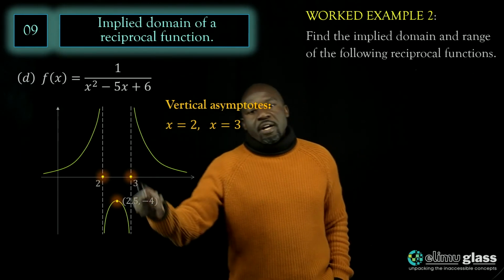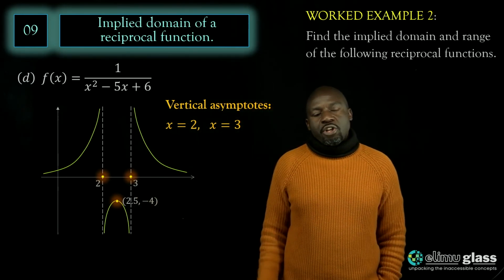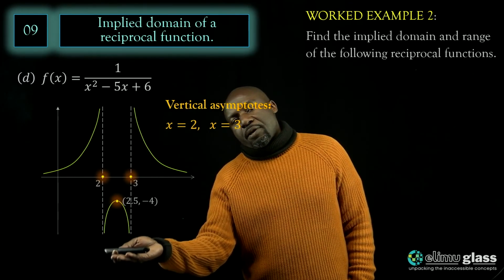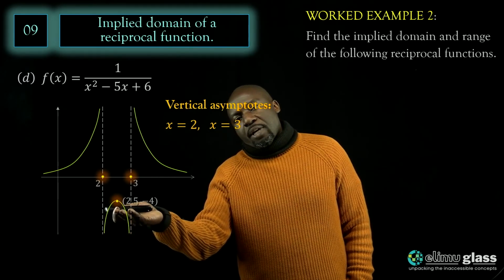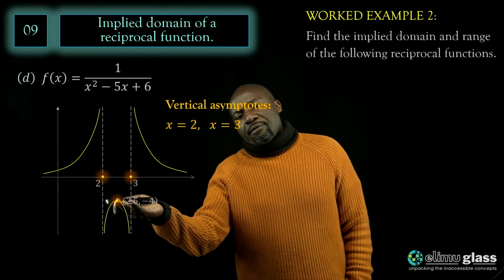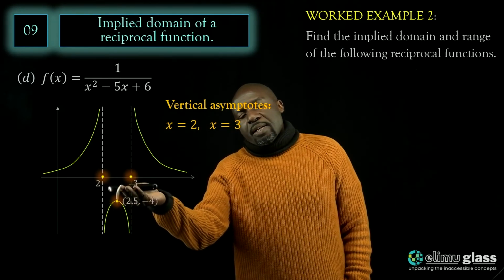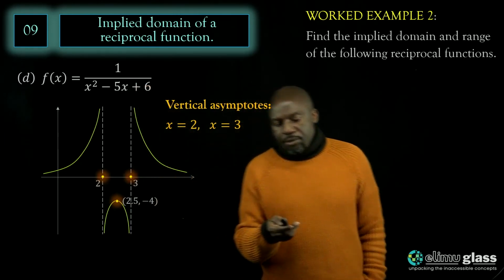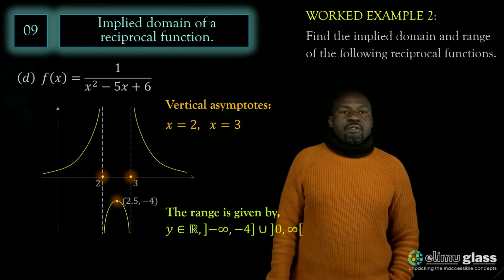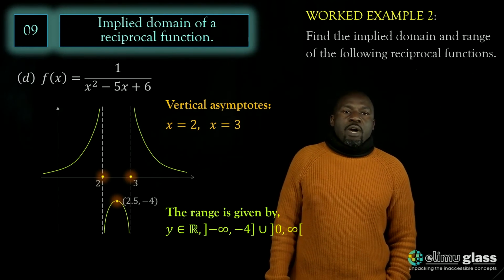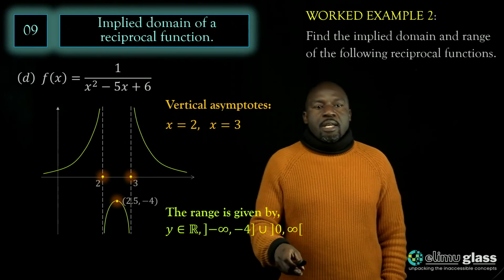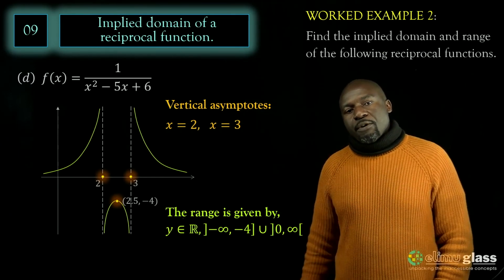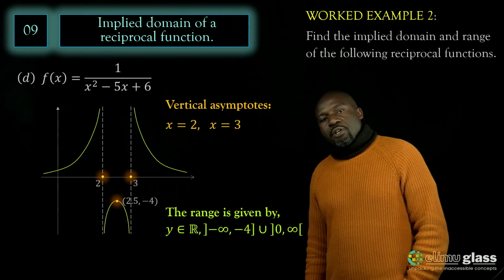Now, because we have that, we can determine the range. We know that values of y can come from negative infinity all the way to negative 4, and negative 4 is included. After that, y is not allowed until we get to 0, and it is above 0. So the range is given by y lies between negative infinity and negative 4, and again from 0 to infinity.